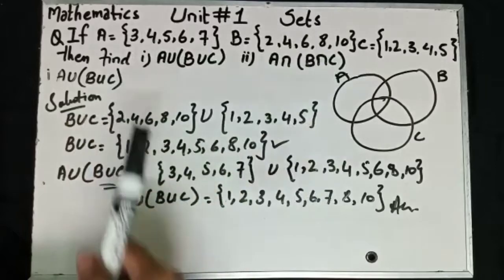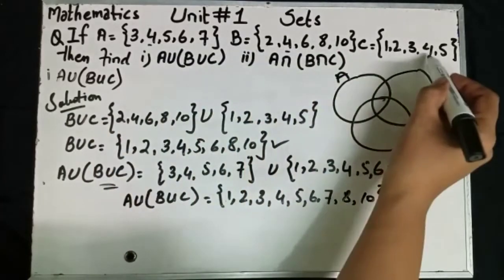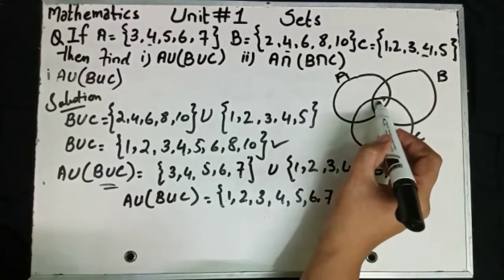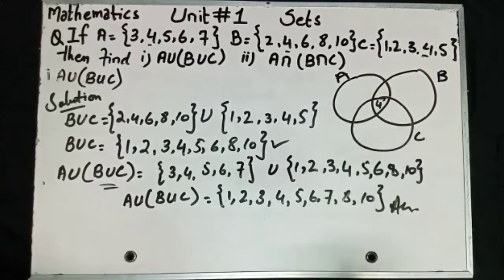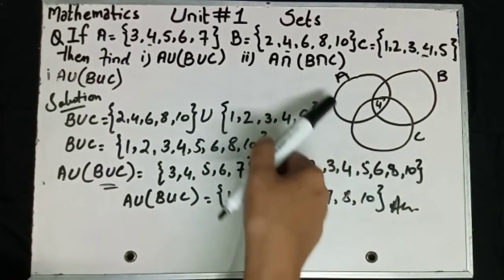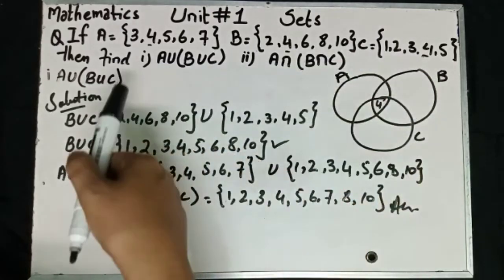In all three sets, element 4 is common. So this center part is common to all three sets, and here we write the common element, 4.